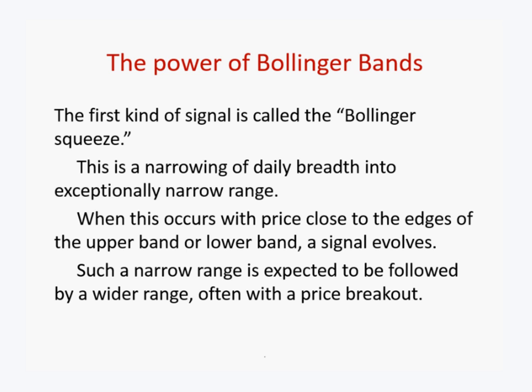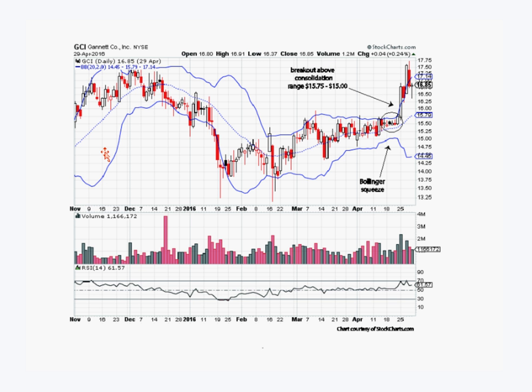So here's a chart that shows you an example of what this looks like. This is a chart of Gannett Company, and you can see the middle band is the dotted line, the upper and lower band are quite visible, and there's a consolidation that started in March and went through most of April. That's generally speaking between about 1475 and 1575, a pretty narrow range.